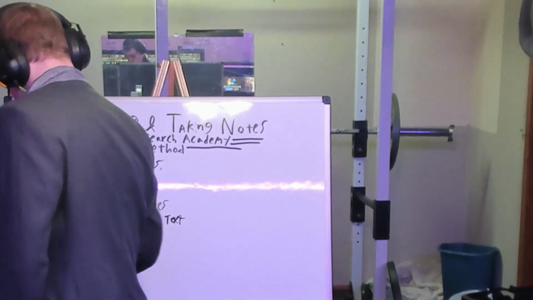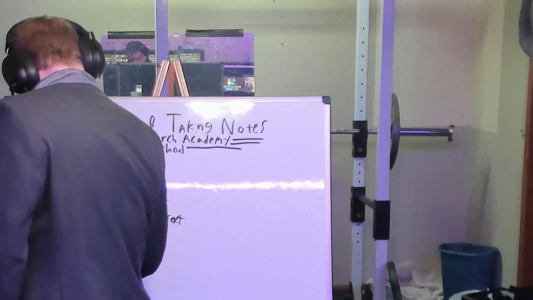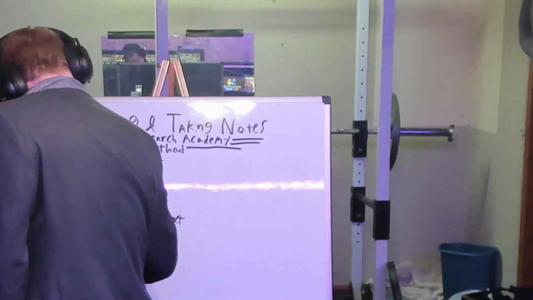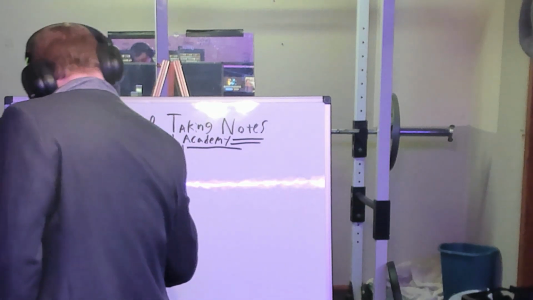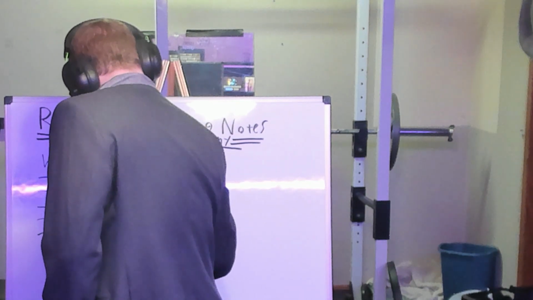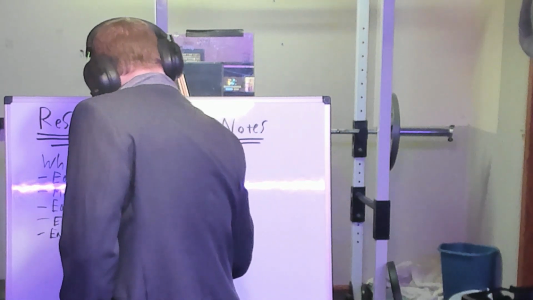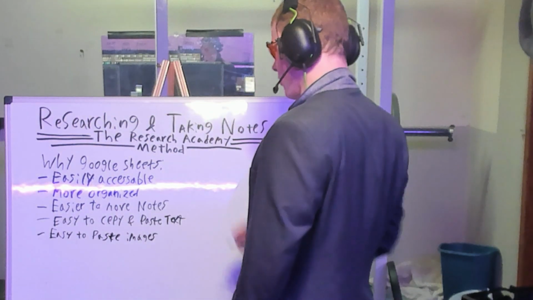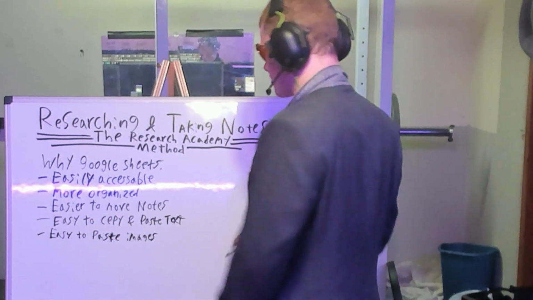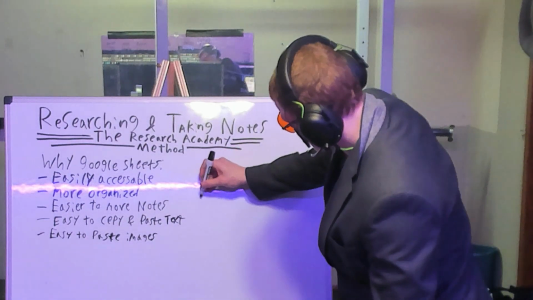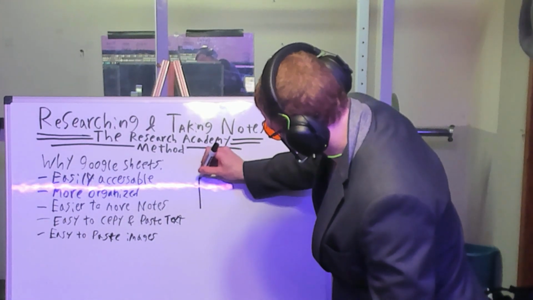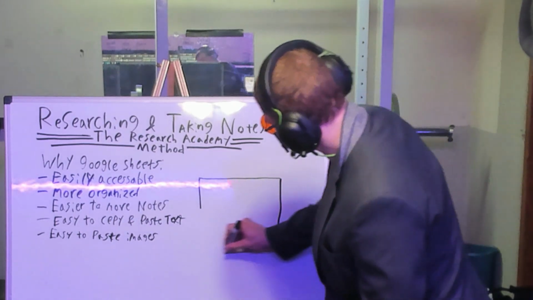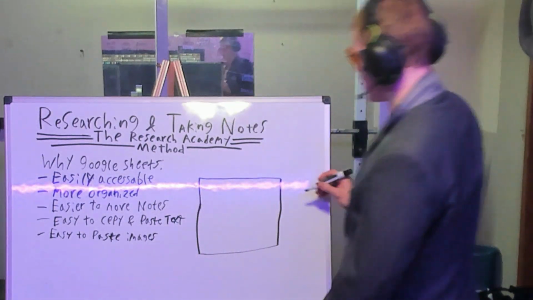And the last one, it's easy to paste images. You can put it anywhere on your screen or you can minimize it to one box. The way you do that is when you paste an image into the cell, it's probably going to be bigger than the cell itself.